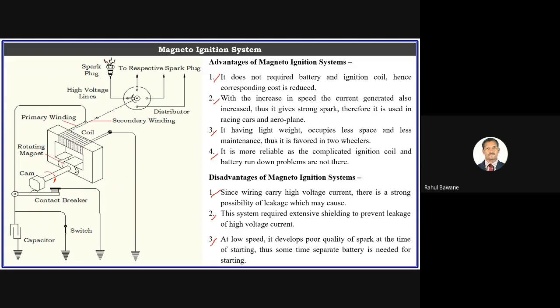At the initial stage, the speed of the vehicle is less, so the primary current intensity will be less. Accordingly, the magnetic field intensity will be less and the rate of collapse will be less. So it is going to affect your spark voltage at low speed.